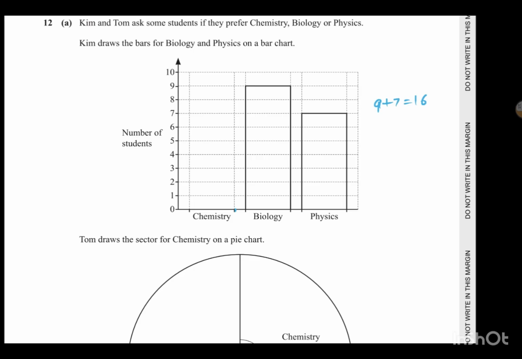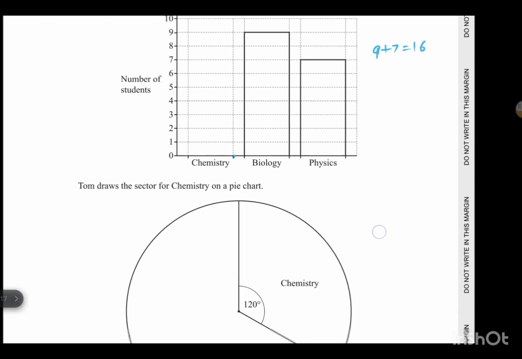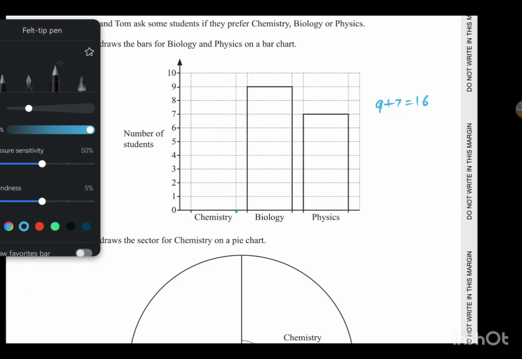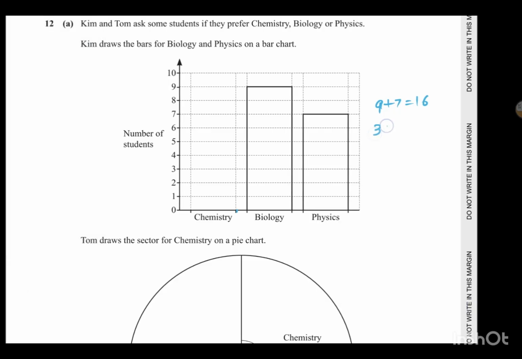So now if I take the remaining angle using the pie chart, the remaining angle is 360 minus 120, which is 240.